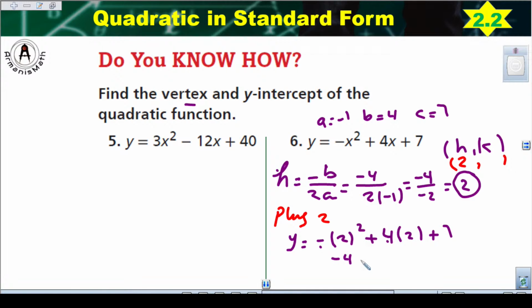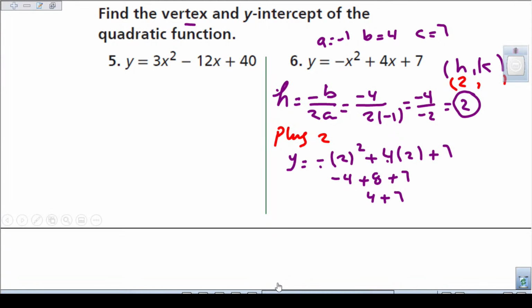That's a negative 4 plus 8 plus 7. 4 minus 8 minus 4 is 4 plus 7. And how much is that? 11. Okay, good. So the k part is 11. So I'm going to go here and put 11.